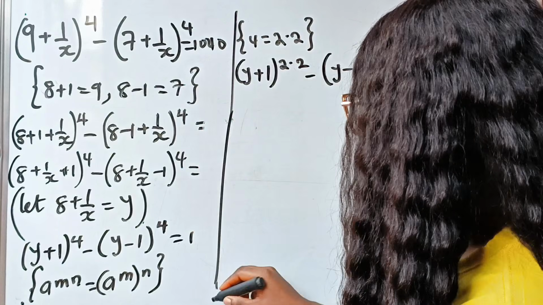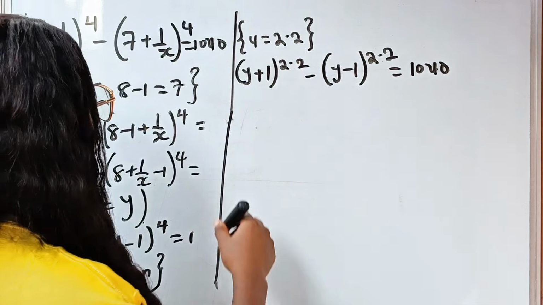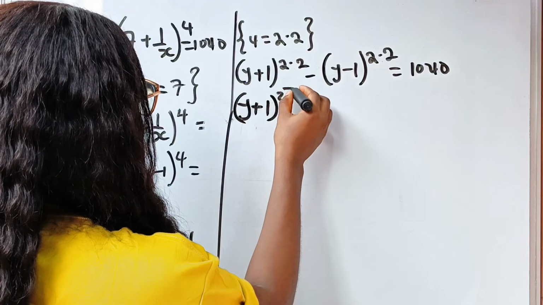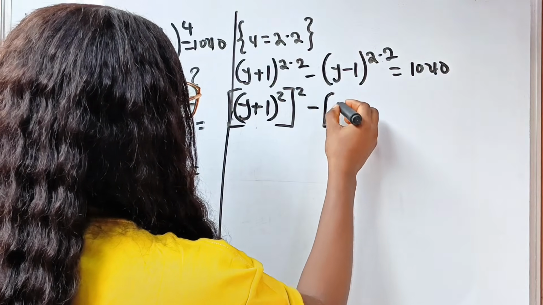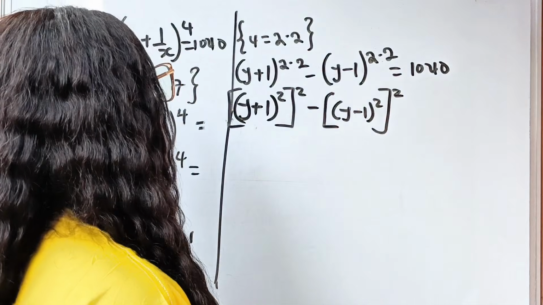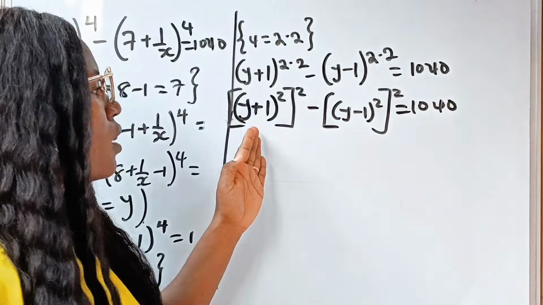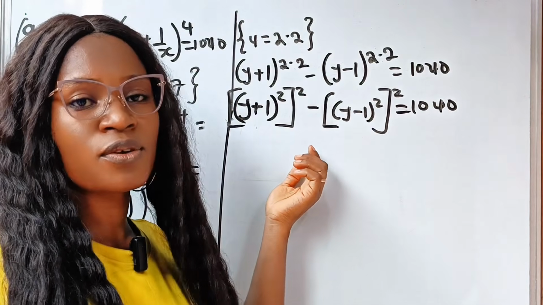If we solve further, we have y plus 1 raised to the power of 2 all squared minus y minus 1 squared all squared is equal to 1040. Now if you look at this, you will notice that we have a difference of 2 squares here.